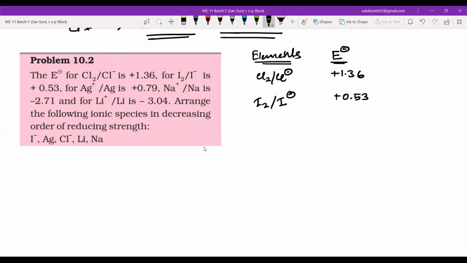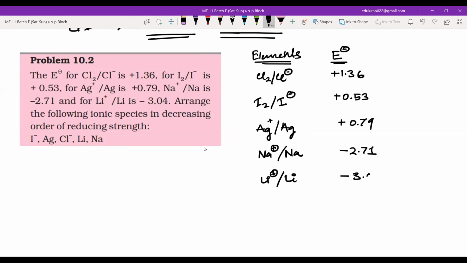Then Ag positive and Ag is plus 0.79. Sodium positive and sodium is minus 2.71. Then lithium is given to be minus 3.04.